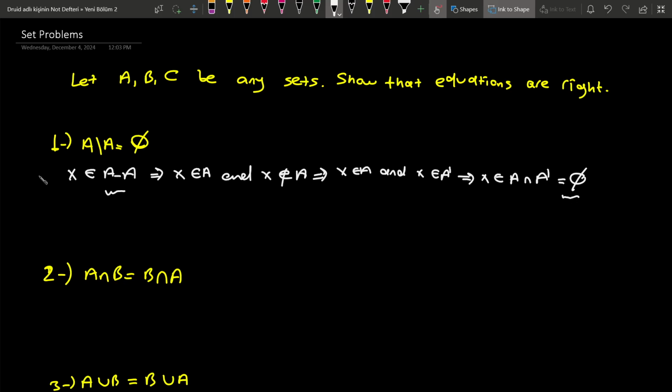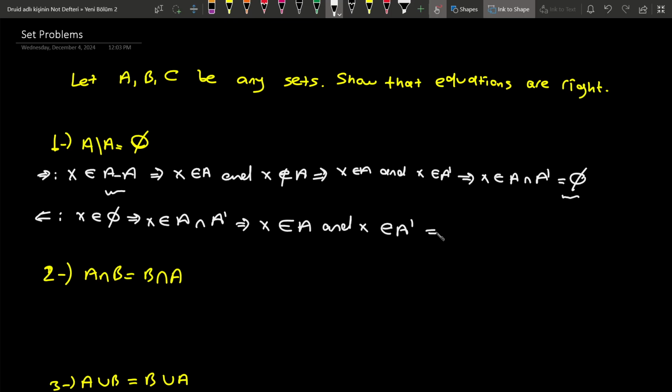If you write this the same way, just backwards this time, what I mean is if X belongs to the empty set, that means X belongs to A intersection A complement, and this means X belongs to A and X belongs to A complement, which also means X belongs to A and X does not belong to A. This gives us X belongs to A minus A. So from these, we can say that A minus A is the empty set.